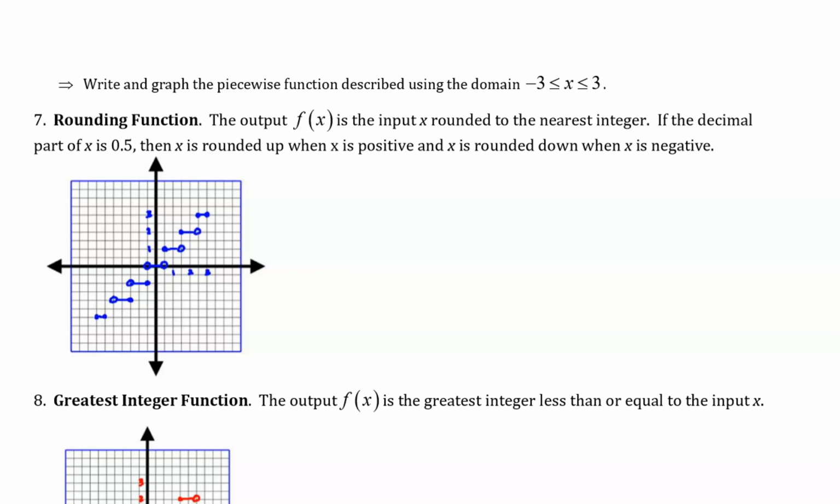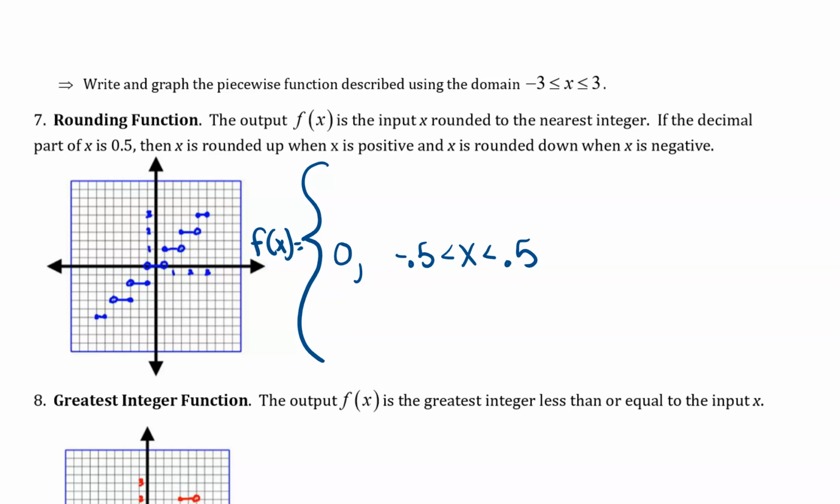So your answer, f of x: you will round to 0 if you have anything that's between negative 0.5 and positive 0.5, because that would round to 0.